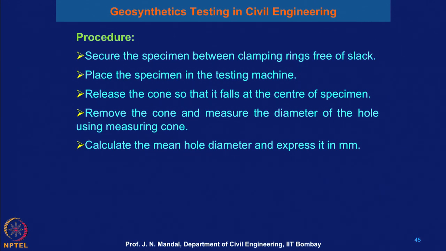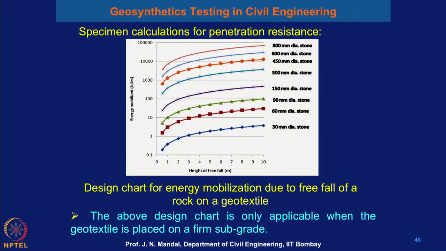Then you calculate the mean hole diameter and express it in millimeters. From this experiment you get the penetration resistance, and in this curve the relationship is given between the height of fall and the energy mobilized in joules.